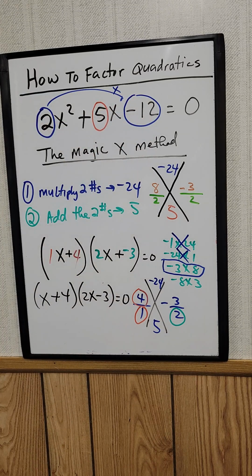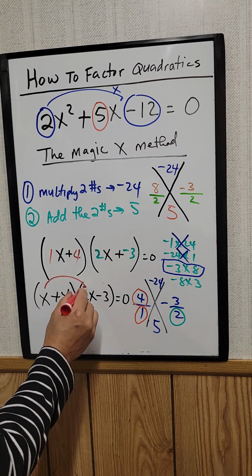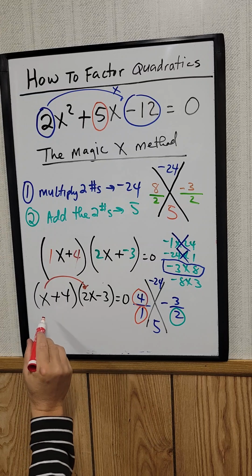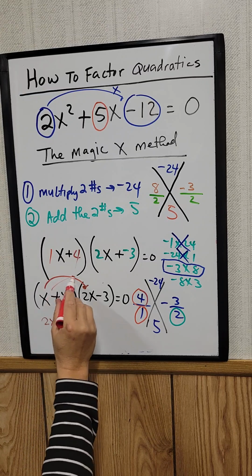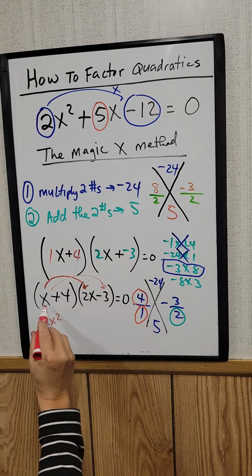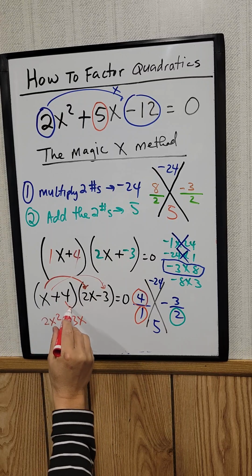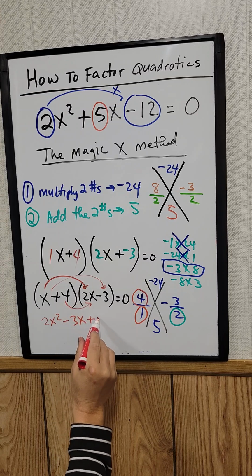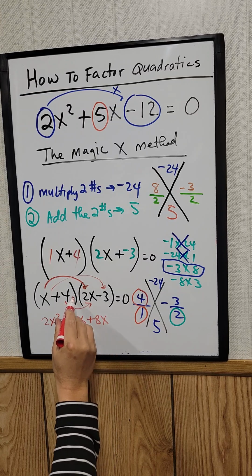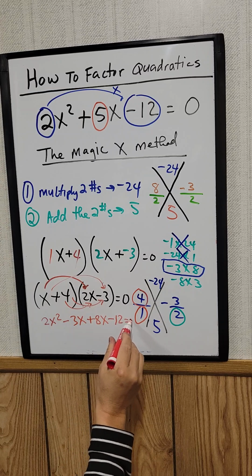Now if you do the FOIL method, you should come up with the original quadratic equation. So let's do the FOIL method to check the answer. X times 2x will be 2x squared. X times negative 3 will be minus 3x. 4 times 2x will be plus 8x. 4 times negative 3 will be minus 12, equal to 0.